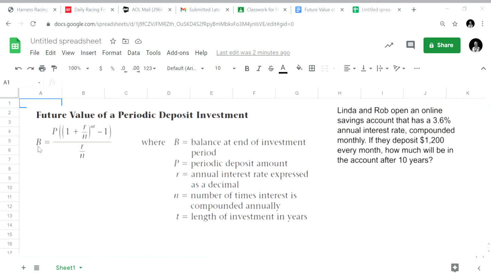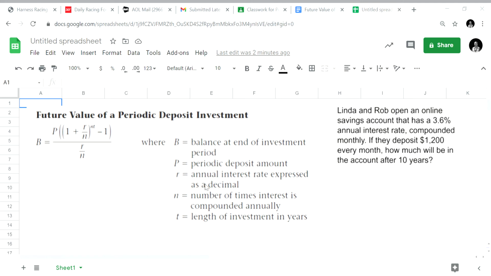We have an ending balance, B. So that's how it ends. Now, the P here is your periodic deposit amount. Say you put in $100 every month, $1,000 every year, something like that. $600 every paycheck. R is the annual interest rate.